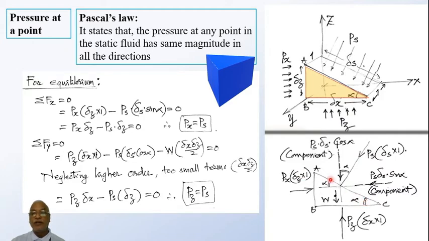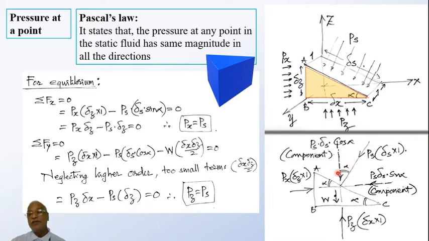Now this is alpha. The corresponding angle will be 90 minus alpha. But this face and this line are perpendicular to each other, because pressure always acts perpendicular to the face. So this angle becomes 90 minus alpha, that is to say alpha.